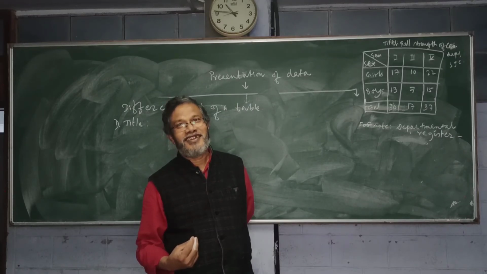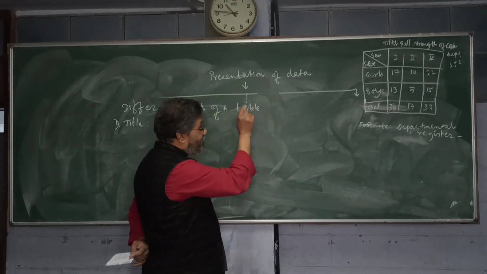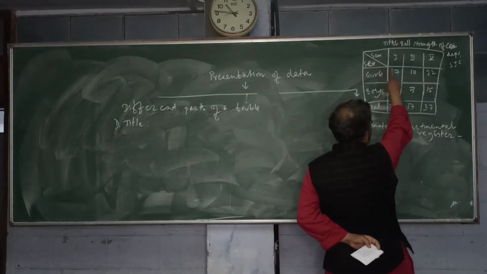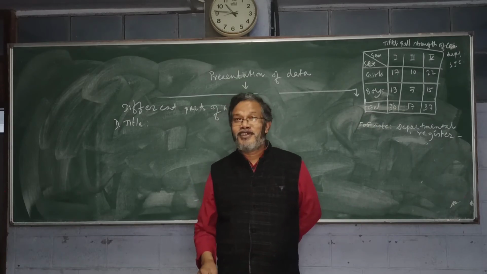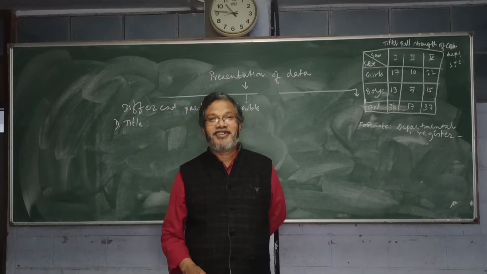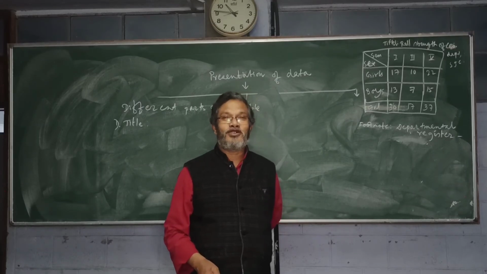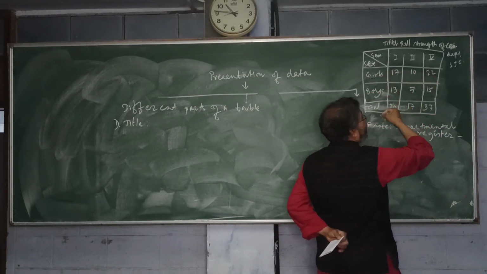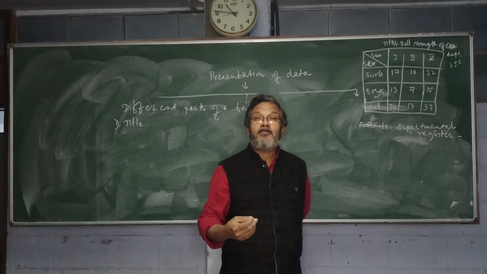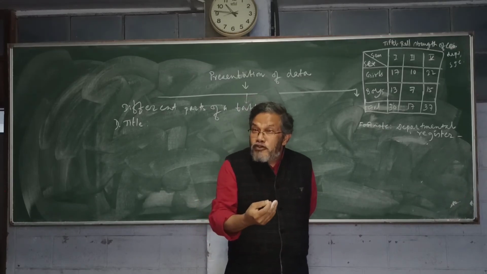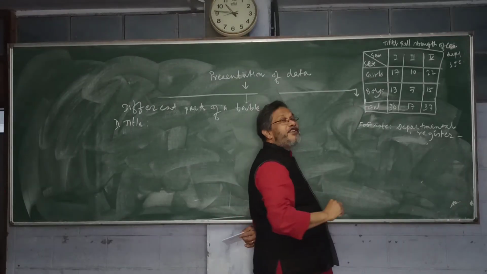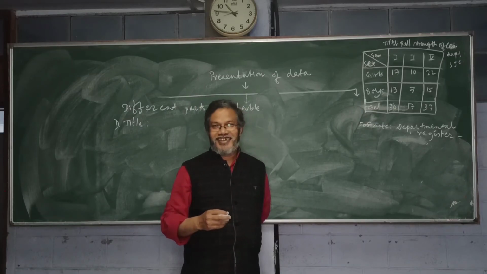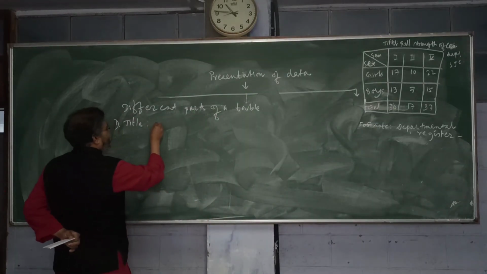Similarly, in case of a table, the title, here roll strength of economics, St. Joseph's College, gives the description of the contents. Just as your title gives a description of you, the title of a table gives the description of the contents of a table.